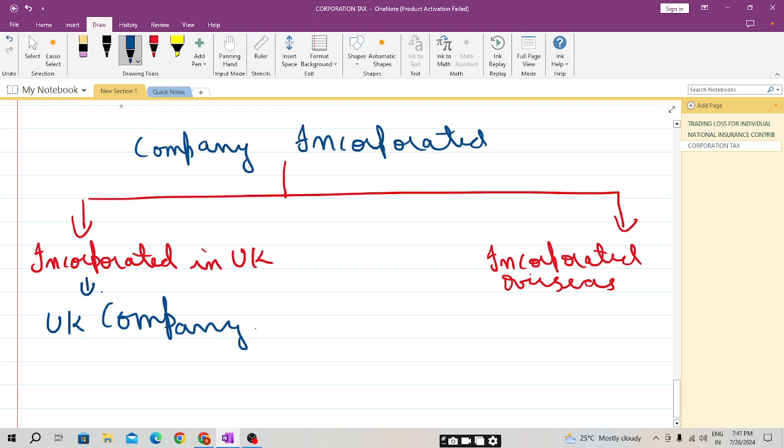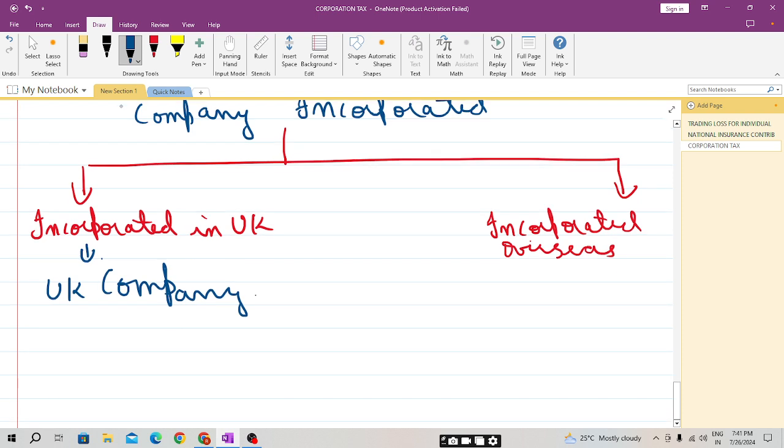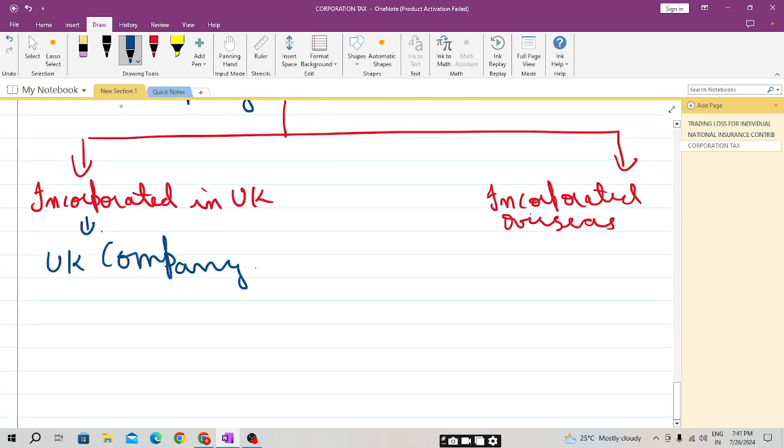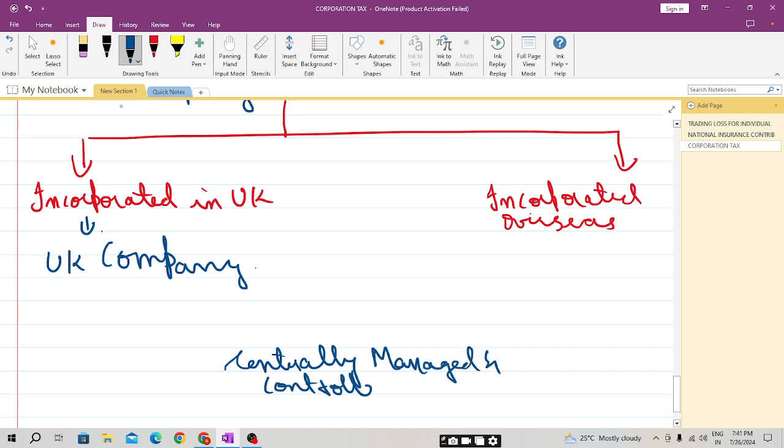So now students, let's see another case: if it is centrally managed and controlled in UK, then also it will be a UK company.